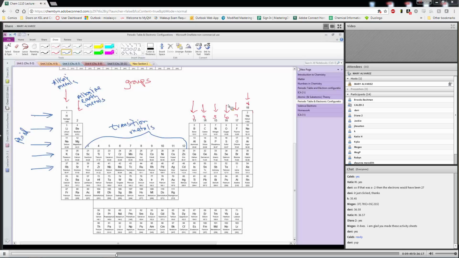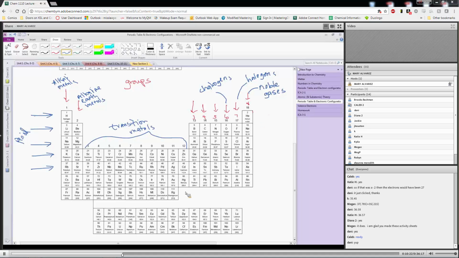Column 6 is known as the chalcogens, although I'm not going to test you on that. You do need to know that column 7 is known as the halogens. And then column 8, these elements were later discovered. As I told you, the whole column was missing when Mendeleev did this. But these are noble gases. They don't react. That's why they're noble. So you do need to know that.